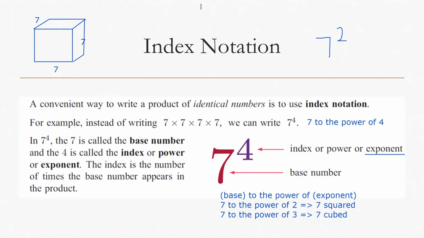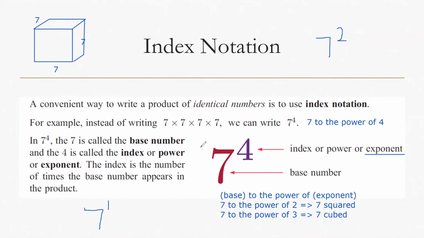Okay, so one more question, since I did bring up the power of 1. What is 7 to the power of 1? Anthony? Is it just 7 times 0? So it's not 7 times 0, right? Be careful, because powers are repeated multiplication.